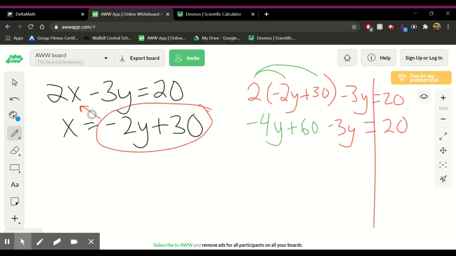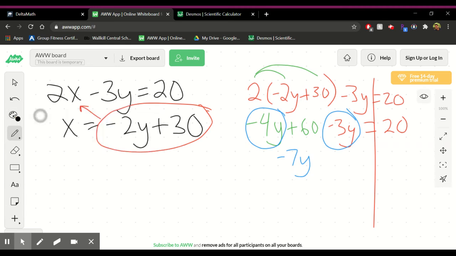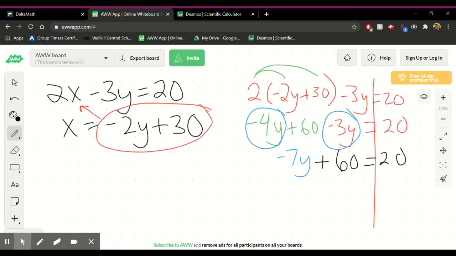Now, again, combine like terms. Negative 4y and negative 3y is negative 7y. Bring down the plus 6 is 20. Did I mess up? Oh, I did.